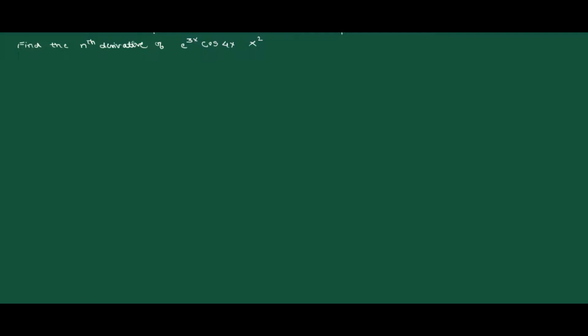So next, in this case, this e raised to 3x into cos 4x is equal to u, and this x square is nothing but v. So I will write, let u is equal to e raised to 3x into cos 4x.